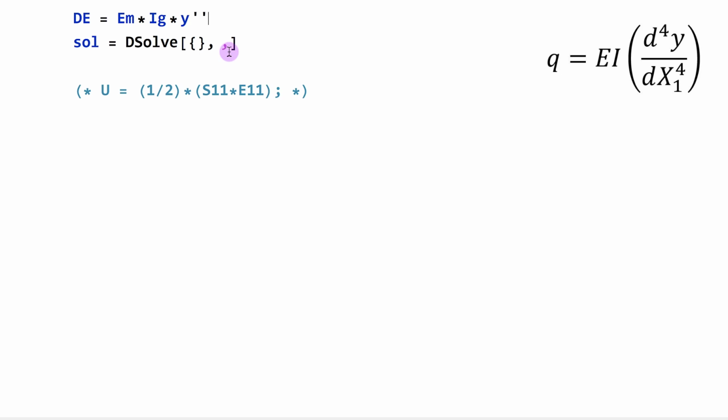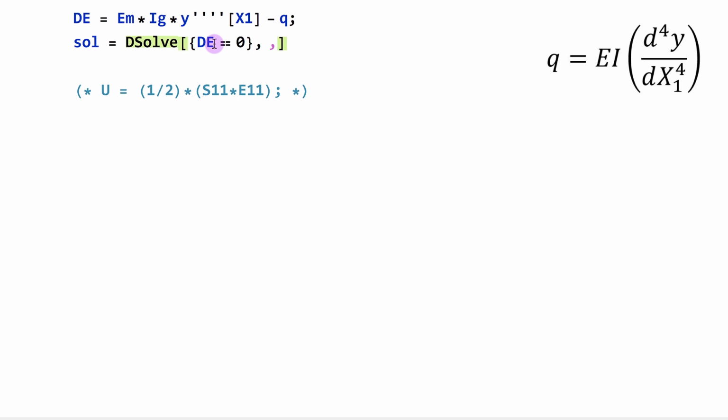So I'm going to go 1, 2, 3, 4. And of course, this is going to be a function of x1. Another thing I do is I move that q to the other side, so I can go minus q, and this will be my differential equation. Once I define what my differential equation is, I know that when I'm doing the dsolve function, I'm going to say my differential equation is going to be equal to 0. So again, that's what I want to try and solve for.